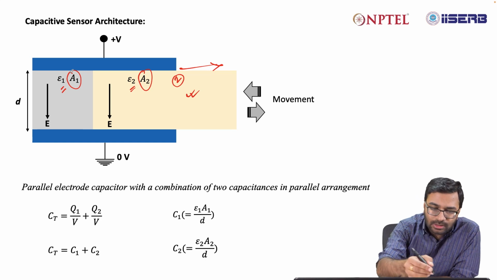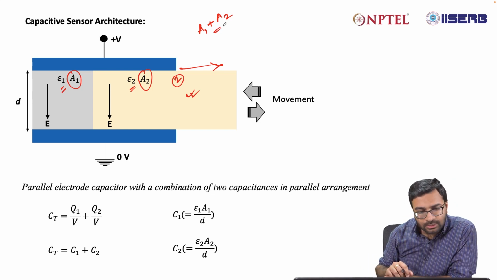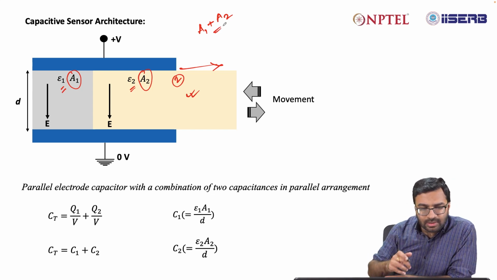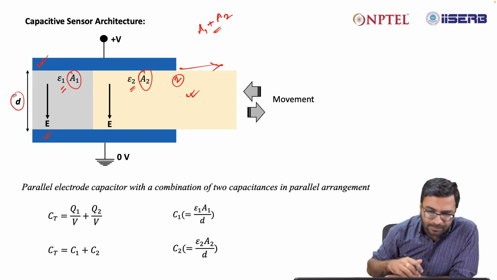So obviously the total cross sectional area of the parallel plate capacitor is A1 plus A2, right? And the distance between the electrodes is D, right?